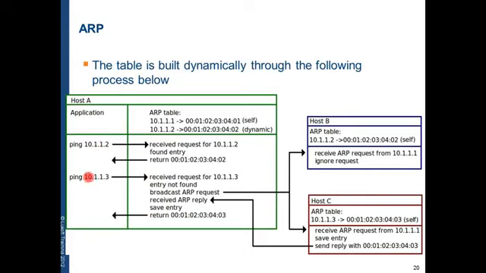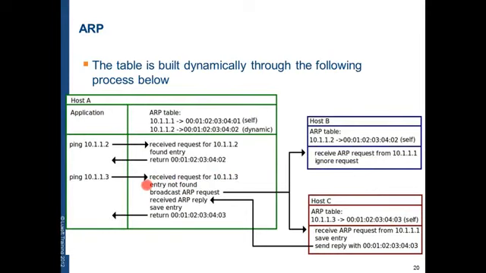Then host A wants to send a ping to a different IP, 10.1.1.3, which is correspondent to host C. Host C has only its own entry in the ARP table. So the application sends a request to the ARP table for this IP.